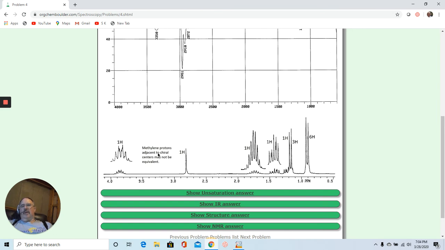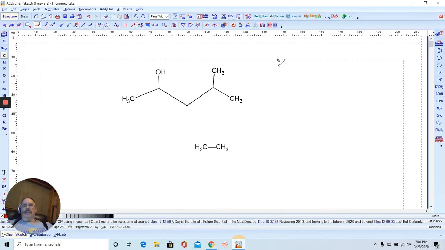And then there's a note here. Methylene protons adjacent to chiral centers may not be equivalent. So we go back to our drawing. We've got a CH2 right here, and these two hydrogens are actually not equivalent because they are next to this chiral center right here.